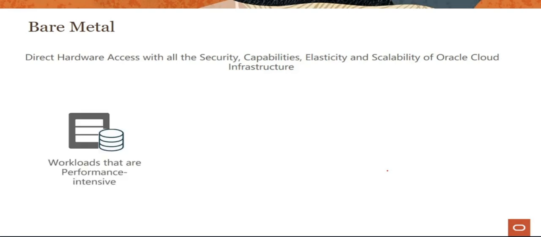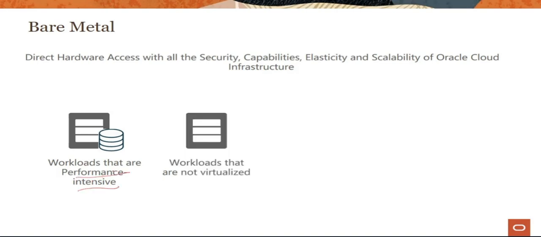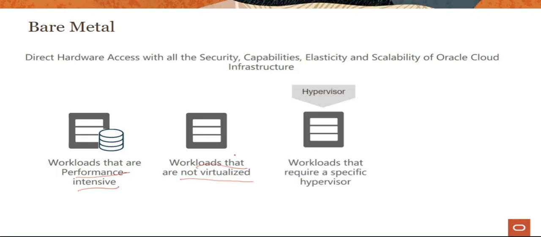So what are the use cases for bare metal? Anytime you have the highest security requirements, or the highest scalability or performance requirements, you would use a bare metal machine. The first is performance intensive apps. For workloads which are not virtualized, and there are still lots of workloads like those, you would of course go to bare metal.